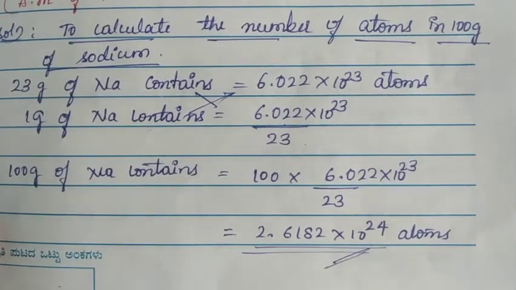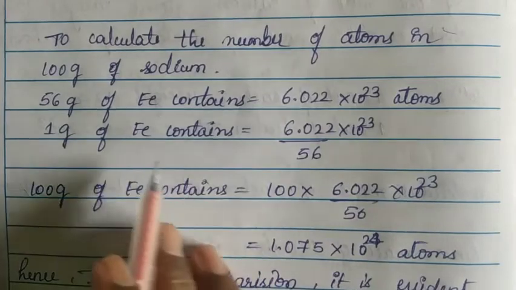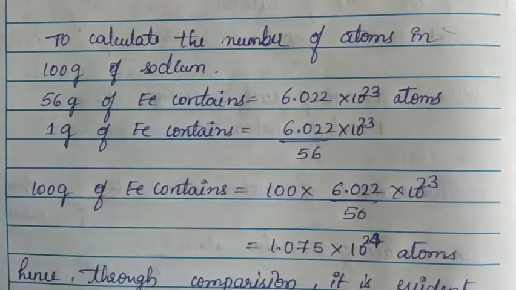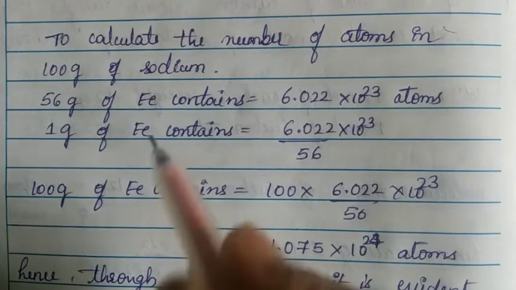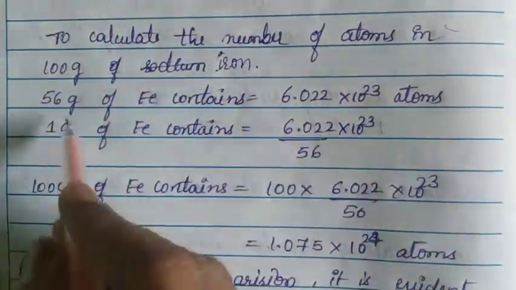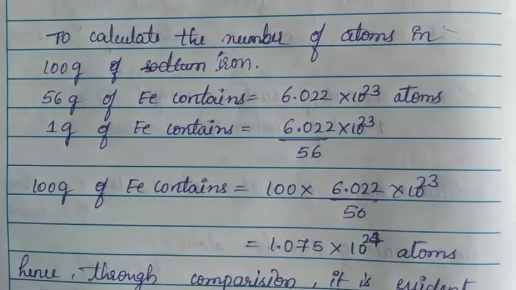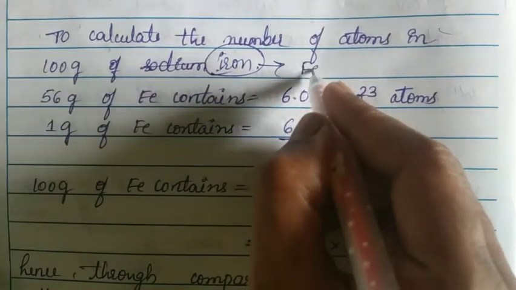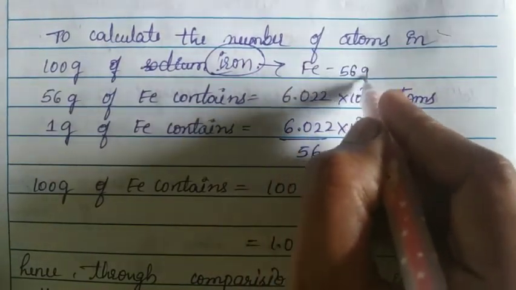Okay, now let's calculate the number of atoms in 100 grams of iron. Sorry, here iron. We know that children, the molar mass of iron is how much? 56 gram.